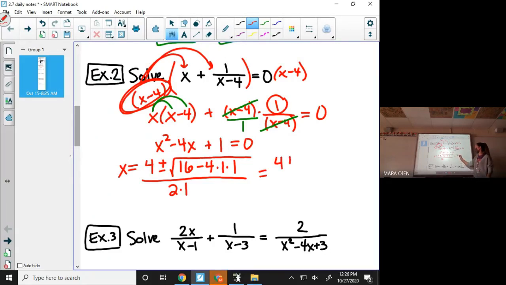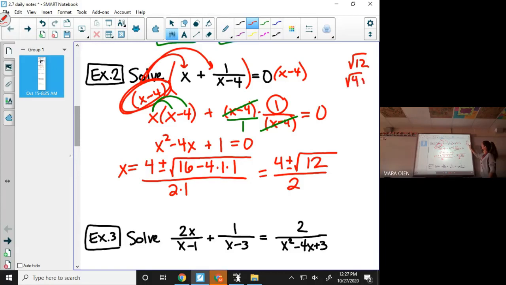And then I'm going to just try to simplify that and give myself a lot of space. So I'm going to write it here. 16 minus 4 would be 12. At this point, you can either write your answer in simplest radical form, or you can write it in decimal form. I don't have one method that I prefer over the other. If I'm writing it in simplest radical form, you'd have to reduce that root 12.